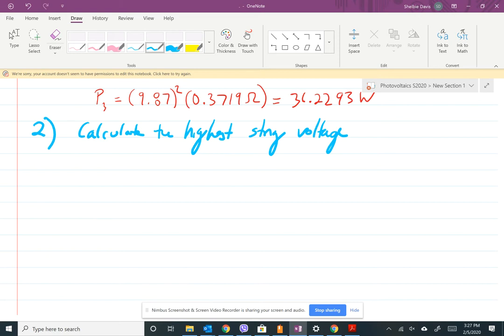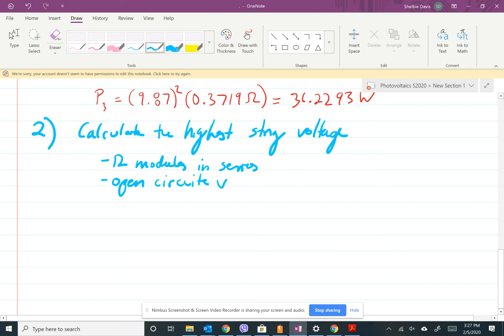You have 12 modules in series. You're looking at open circuit voltage, circuit without the E on the end, because there is no E in circuit voltage.